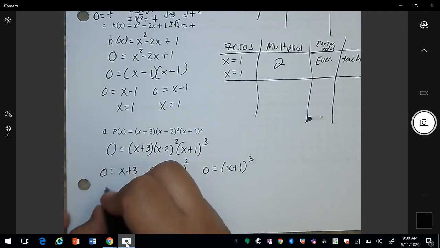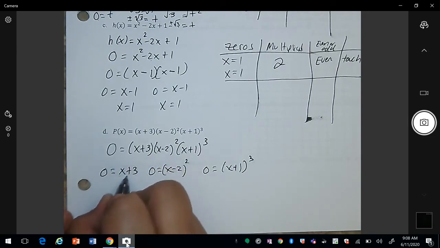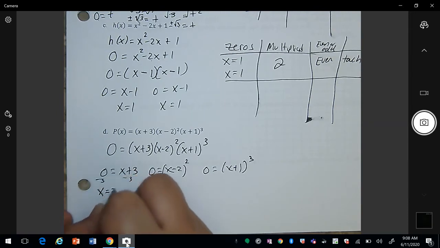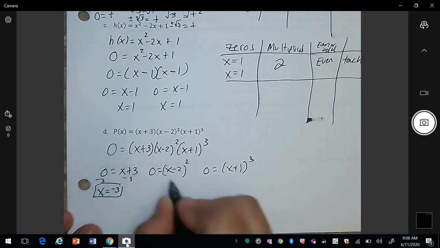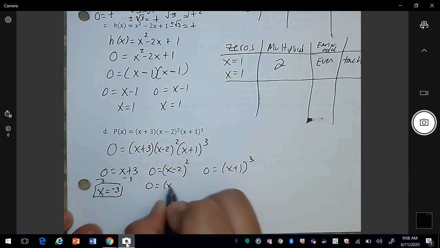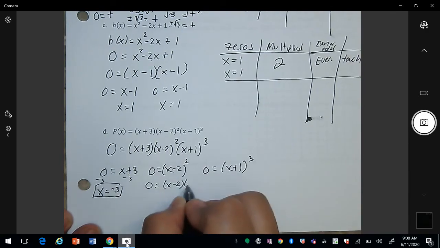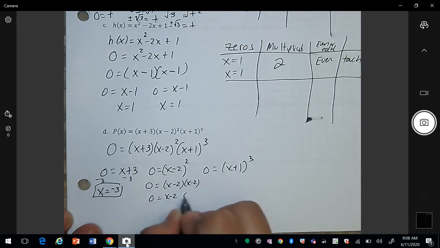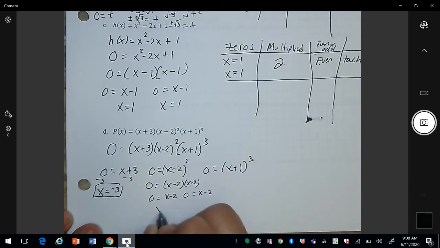So here I end up with, subtract 3 on both sides. So we end up with x equals -3. This factor can be written as x minus 2, x minus 2, since there's two of them. I can set each factor equal to 0. So x is equal to 2 and x is equal to 2.